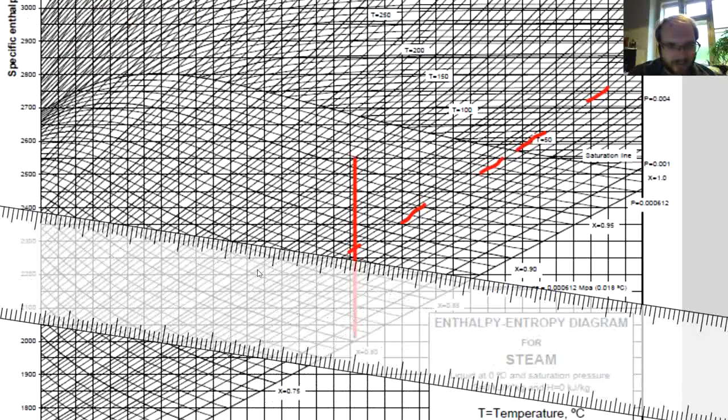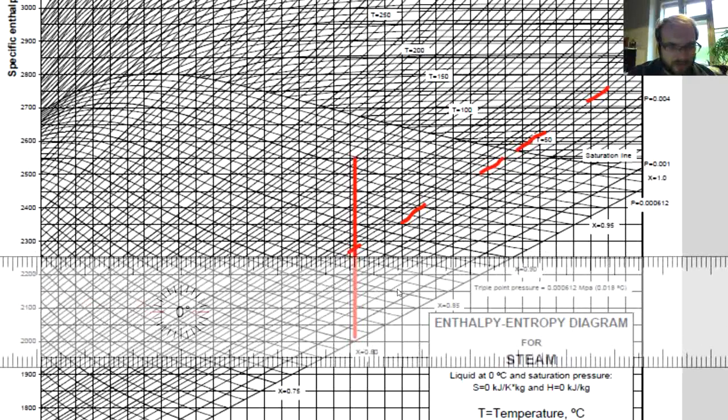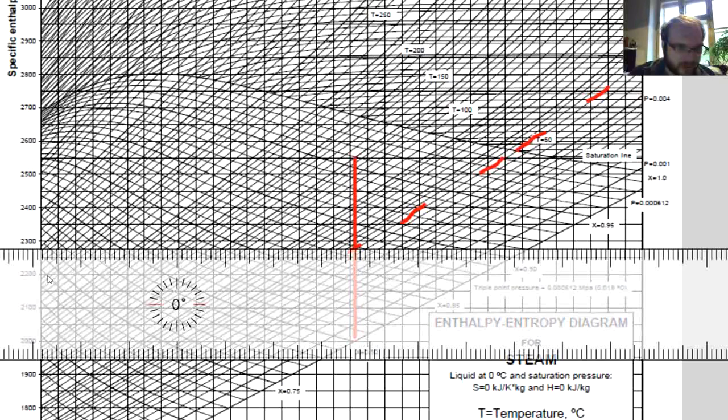Again, let's get our ruler and see from this point the turbine outlet enthalpy should be 2270 approximately. The exact value says 2263.